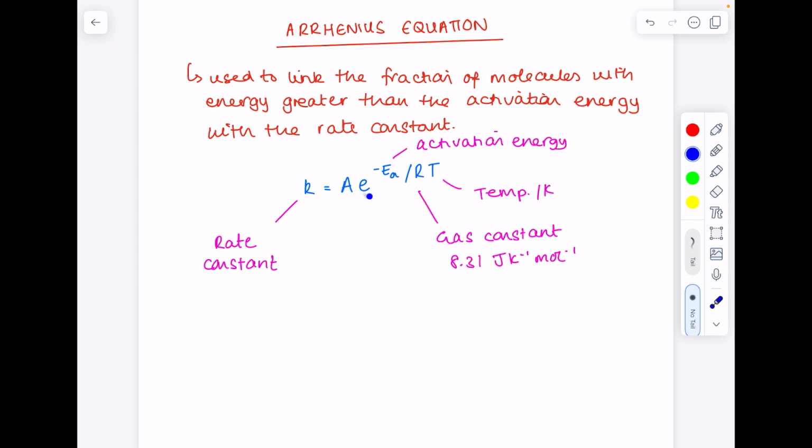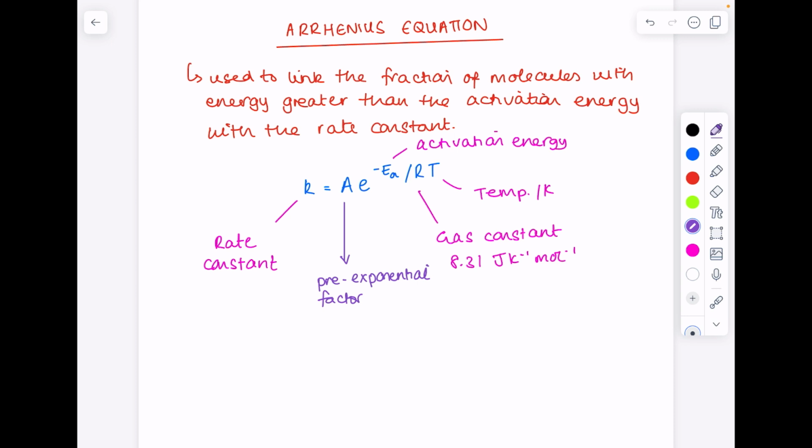Now this e here is an exponential, which is just a maths term, which means the A here, because it occurs before your exponential, is your pre-exponential factor, which has the same units as your rate constant.